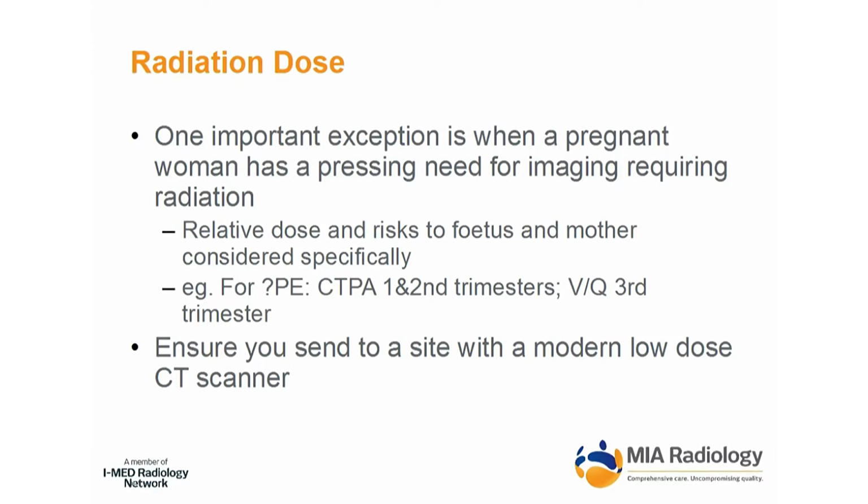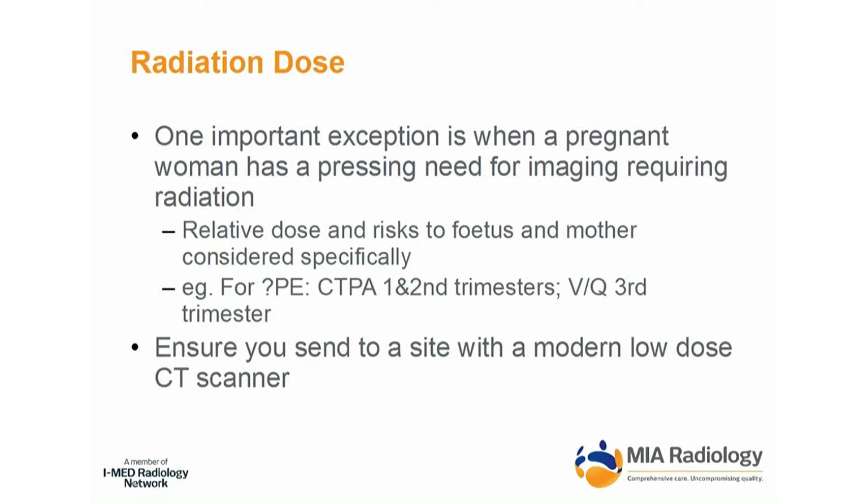Something else about radiation dose, the one exception to calculating absolute values is in pregnant women. If they have a pressing need for imaging which requires radiation, then we have radiation physicists who can actually estimate the doses and the relative doses for fetus and mother prior to doing a scan, and then the mother can be given informed consent and advice about what the relative need is and what the potential effects are of having that scan.